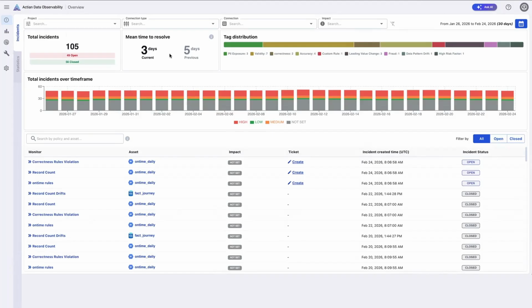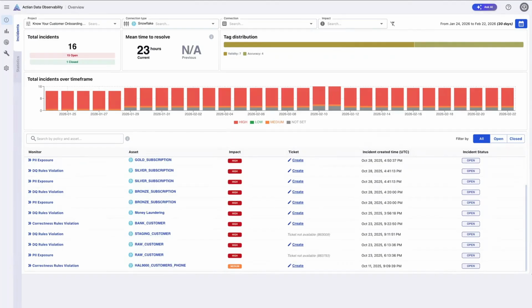You also have an immediate understanding of the mean time to resolve those incidents, tag distribution, severity level, scope of those incidents in terms of the affected assets, all of this in one place.